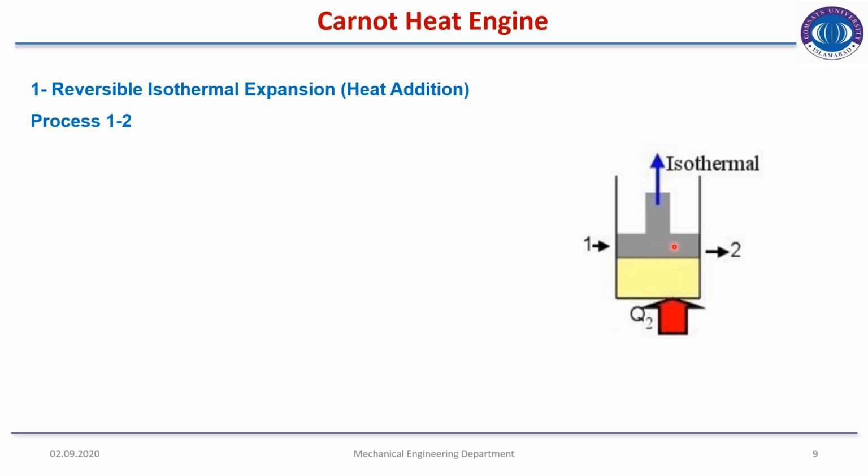In gray color is the piston, and in yellow color is the substance. Isothermal suggests that during the process the temperature will remain constant. Expansion suggests an increase in volume, and heat addition means that Q2 amount of heat is added to the system.